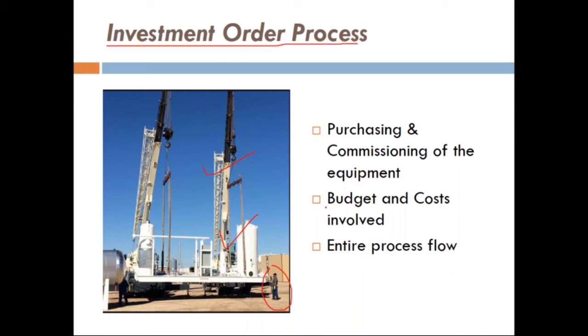Here the finance team will allocate some budget for this installation and commissioning. They have to do the commissioning and installation within that budget only. So how that budgeting is done, and if the allocated budget is crossed, how the system will perform, all those things we will discuss in the entire process flow. This is for the investment order process.